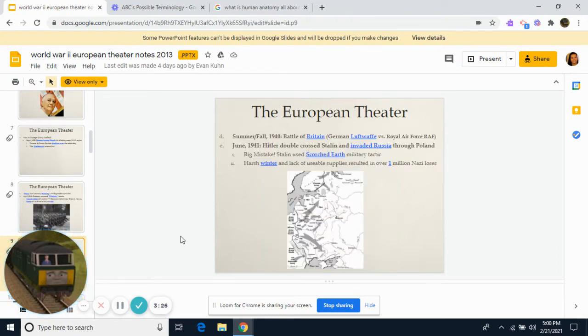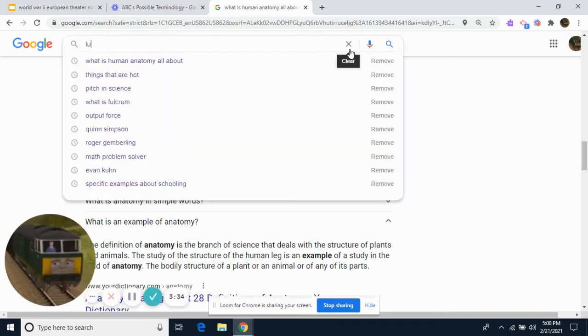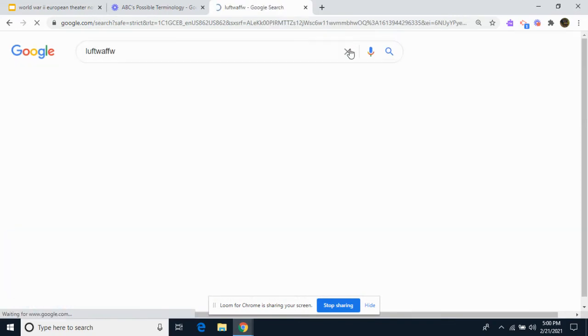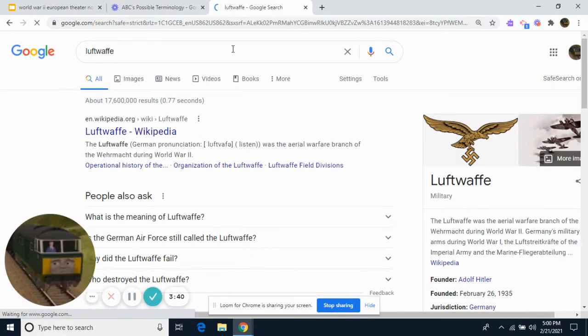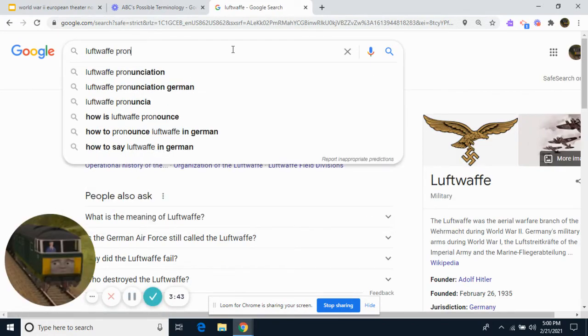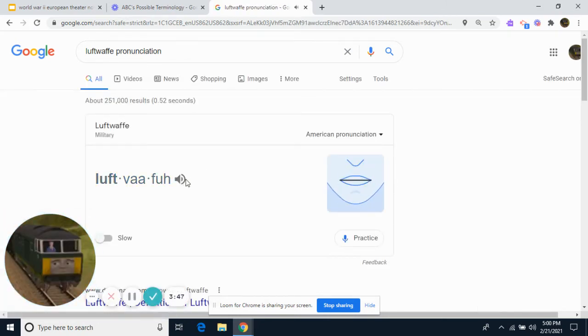Summer and fall 1940, Battle of Britain, the German Luftwaffe. I don't know how to say that. How do you say that? Luftwaffe?